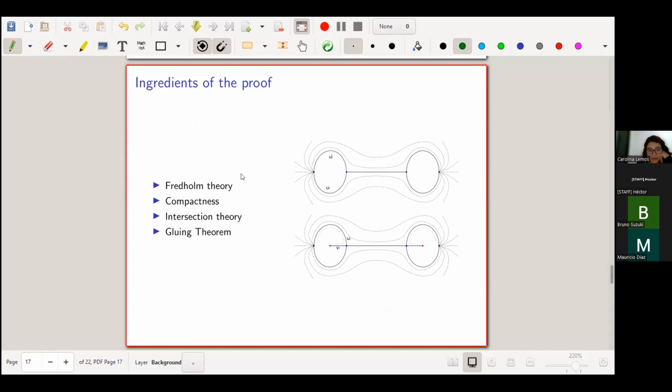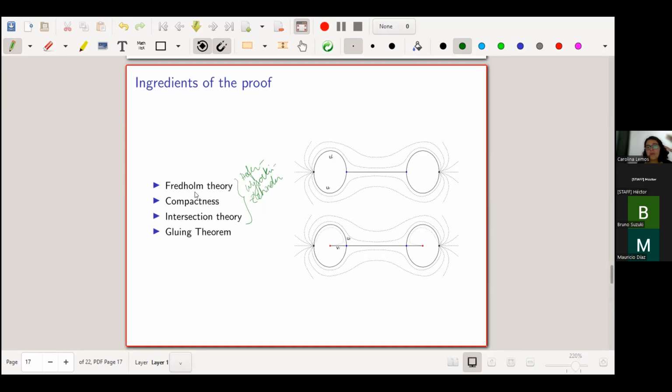And basically three things that are mainly due to Hofer, Wysocki, and Zehnder, in a lot of papers, mainly in the 90s and the beginning of the 2000s, are these properties: we have a Fredholm theory for these curves.